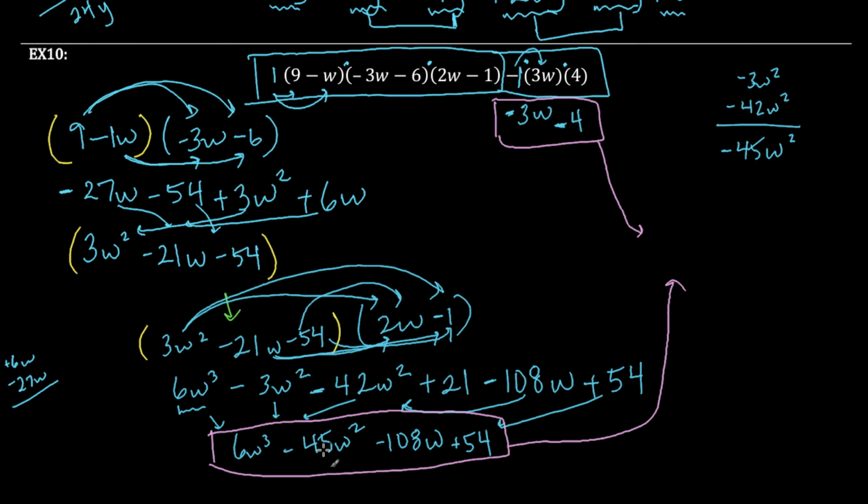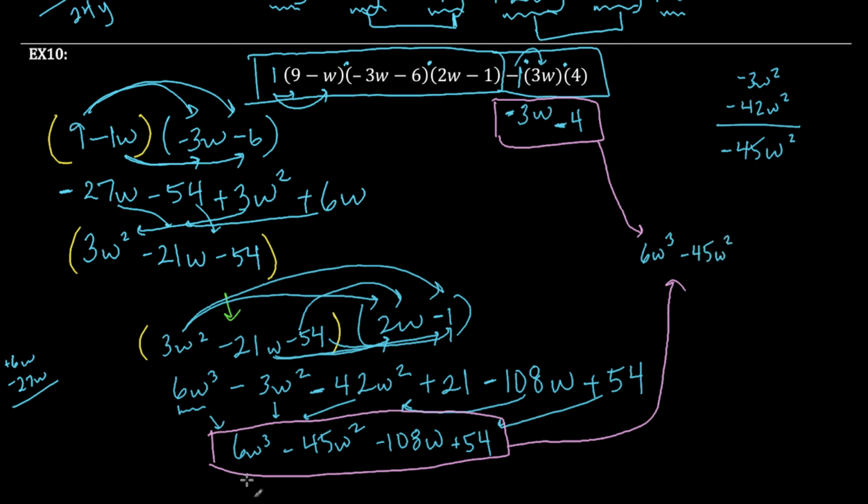So I'm just going to go back and forth. So 6w to the third, there's no more. So I'm going to write 6w to the third minus 45w squared. There's no more over there. W squared, so minus 45w squared. Looks like I might run out of room, so I'm going to start this a little closer to here. 6w to the third power minus 45w squared.